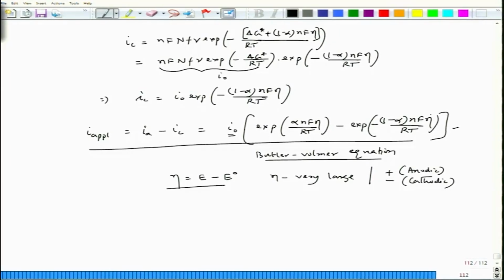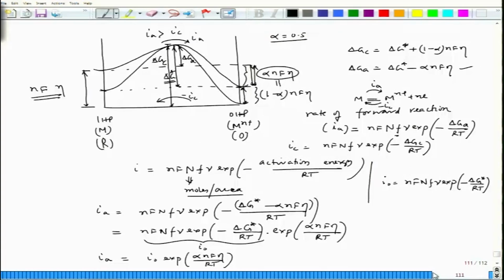Interestingly, there is a negative sign here and a negative sign here. So, the potential actually goes down from the reversible non-corroding potential, and in the anodic case, where we have a positive sign in front of it, that indicates that the potential should go up from the reversible potential.